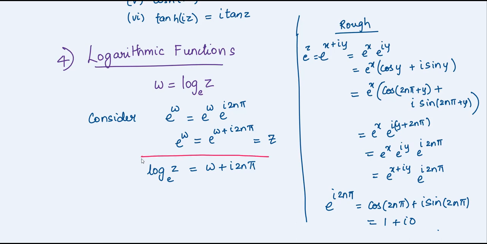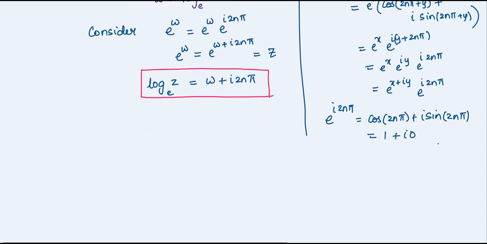Generally, for one value of x, you should get one value of y. If you get two values of y, it will not be a function by definition, isn't it? One to many we do not call a function, but here it's an exception. So log z is a multi-valued function.